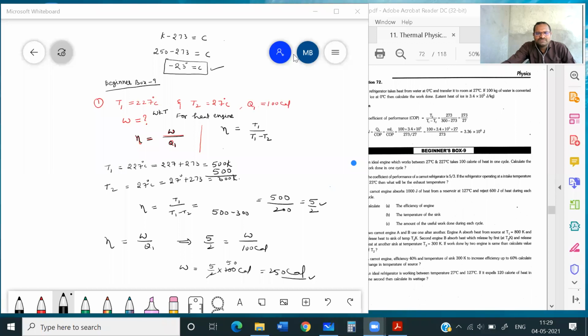One more Galileo also is there. Join with your proper name, otherwise I'll remove you. Once I remove, you cannot rejoin. Change your name.